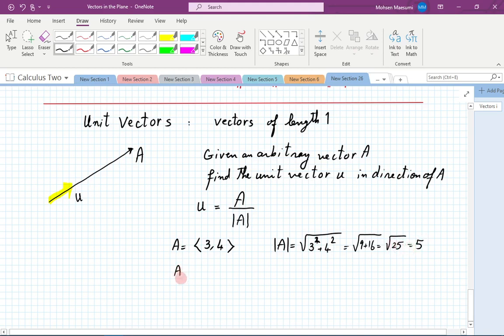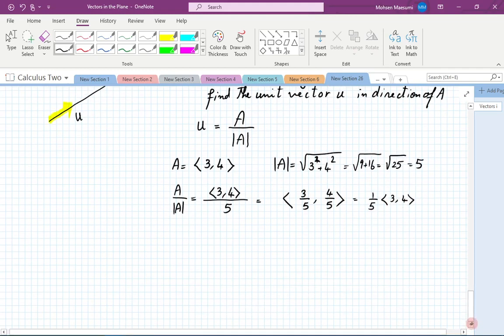So A divided by length of A means 3, 4 divided by 5. It's typically written like this, that is, you divide through by 5 to get 3/5 and 4/5, or you can leave the 1/5 outside. This is another alternative for writing it. Either way, it is perhaps cleaner to write it by factoring it outside. So that's a unit vector in the direction of a vector.